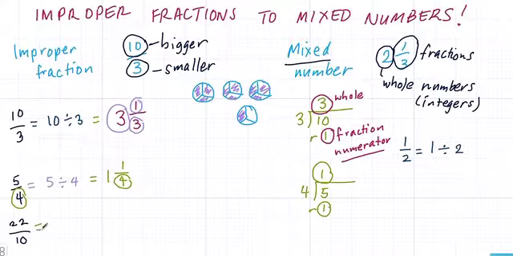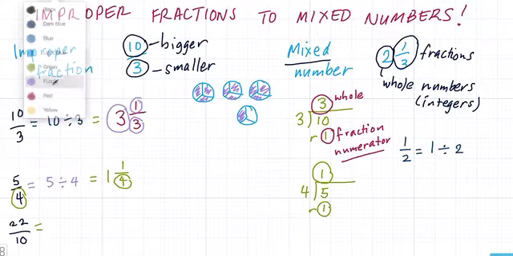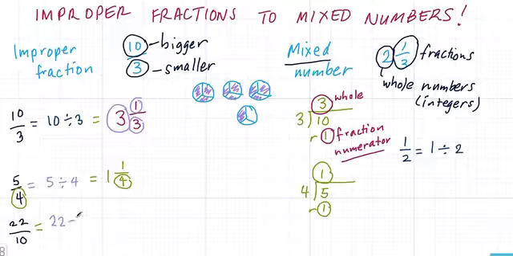This last one here, we've got 22 divided by 10, and we'll do it over here as well. Remember that the second number goes on the outside. How many 10s are in 22? We know 10 times 2 is 20 with 2 left over.